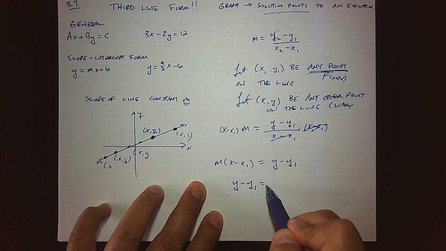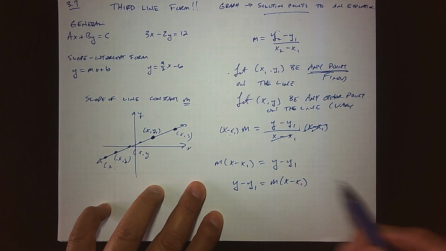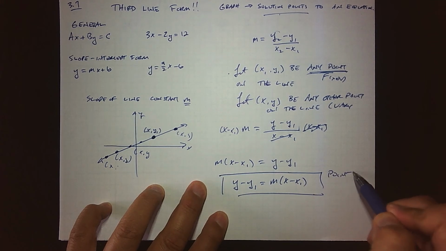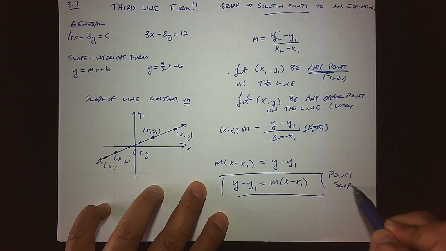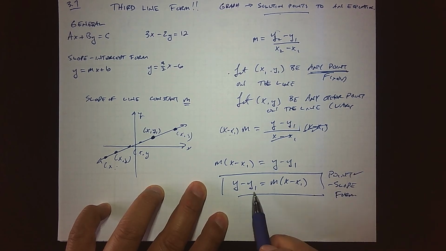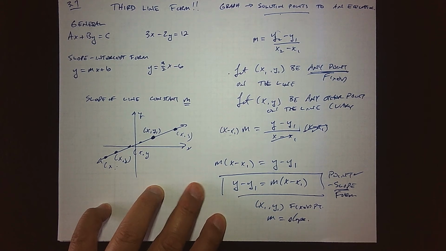So we get y minus y1 equals m times (x minus x1). And there is our third form. It is called the point-slope form, so named because it requires a point, (x1, y1), which is a fixed point, and the slope, which is the same slope that we've been having.